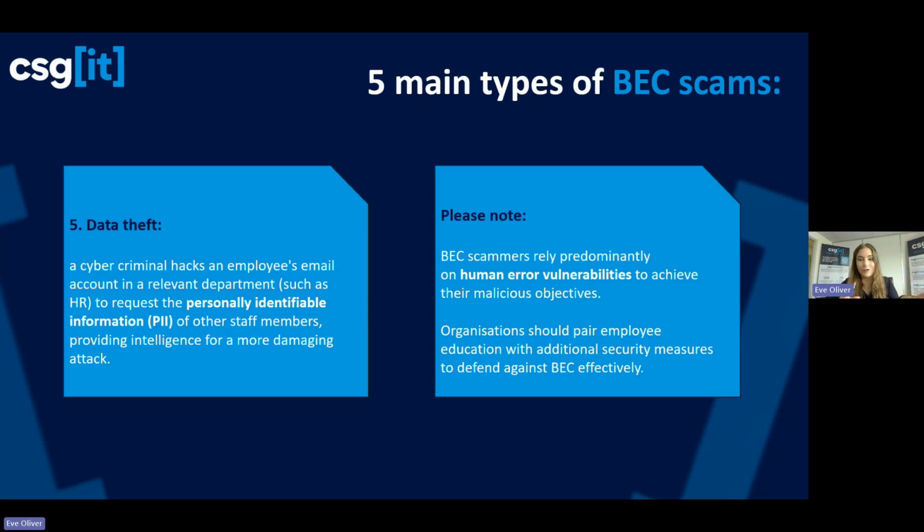It's easy to find out your vulnerabilities, what you care about, for example, if you are an advocate or supporter of a charity, they can target you on this, knowing that's your weak point. And organisations should pair employee education with these additional security measures, such as MDR, to defend against BEC effectively.